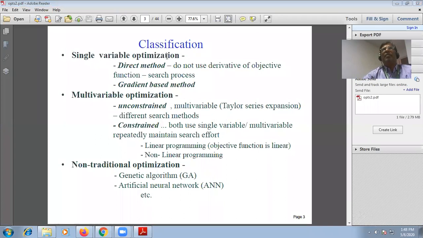In single variable optimization, there is direct method and there is gradient based method. A little bit today we shall be discussing these two methods, direct method and gradient based method.